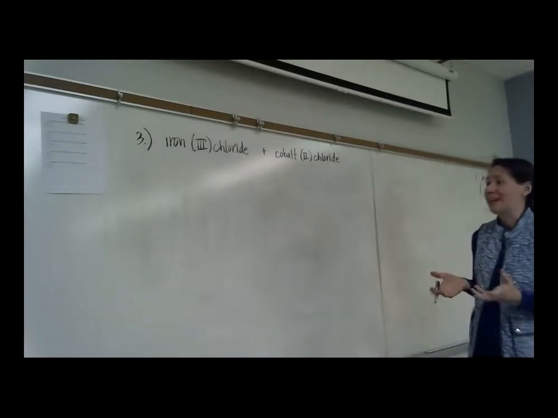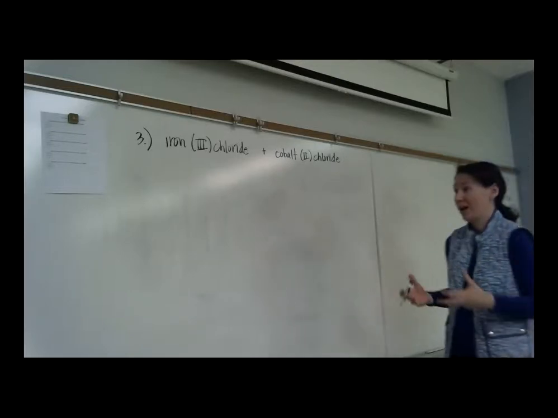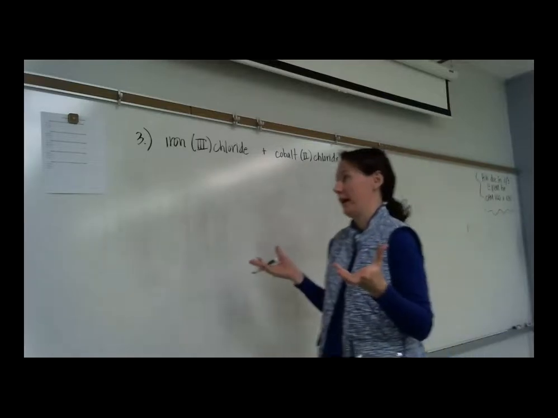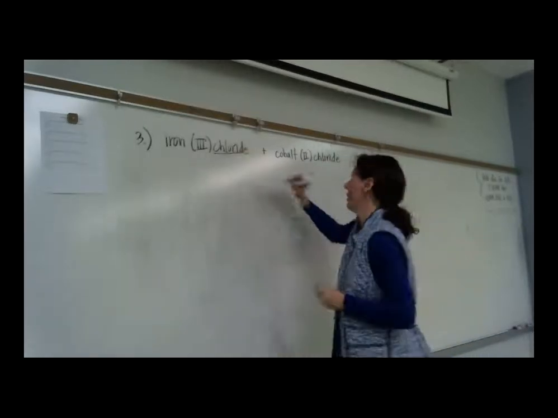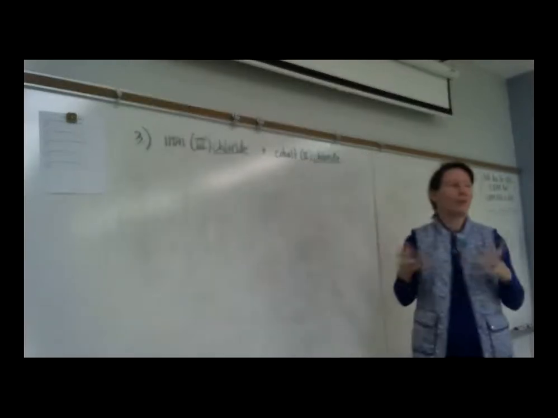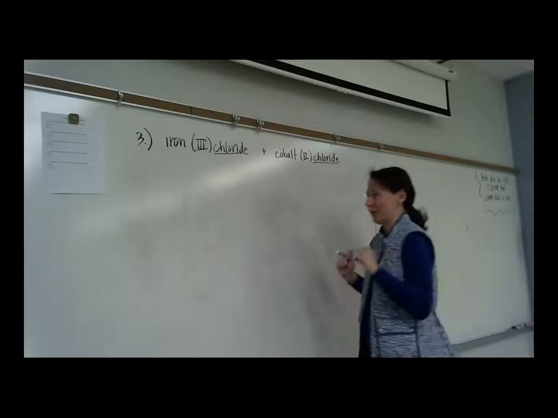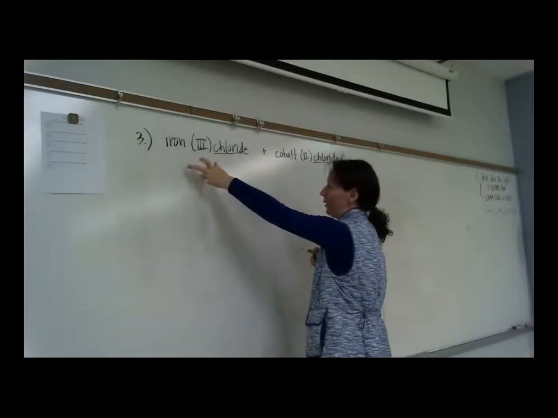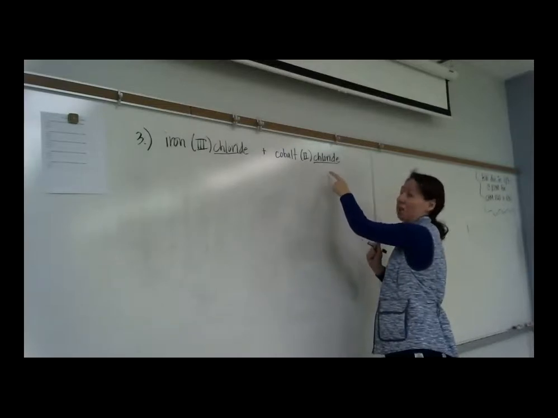Before I even start, I already know that this is no apparent reaction. Why? They're both chlorides, right? Before I even write the molecular equation, I know that when this double displacement occurs, iron 3 gets together with chloride. Hey, it's iron 3 chloride.